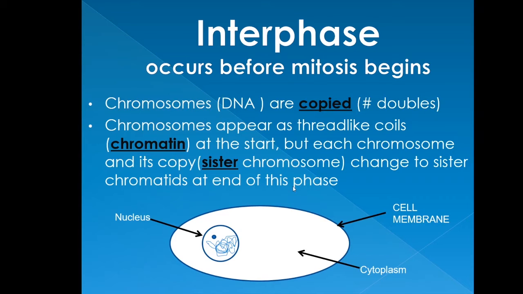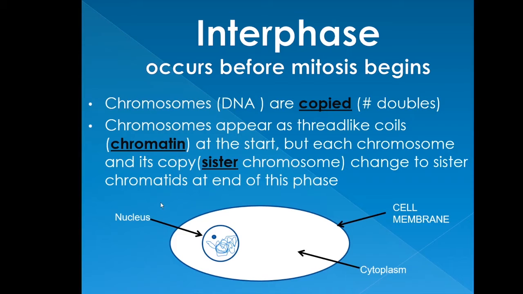Chromosomes appear like thread-like coils at the start, but each chromosome and its copy, so its copy is actually called its sister chromosome. So it's an exact copy. It's like a twin sister. And we call them sister chromosomes, or you might even hear sister chromatids. And you'll hear that word a lot. That's what we have at the end of this phase, what we call sister chromatids.